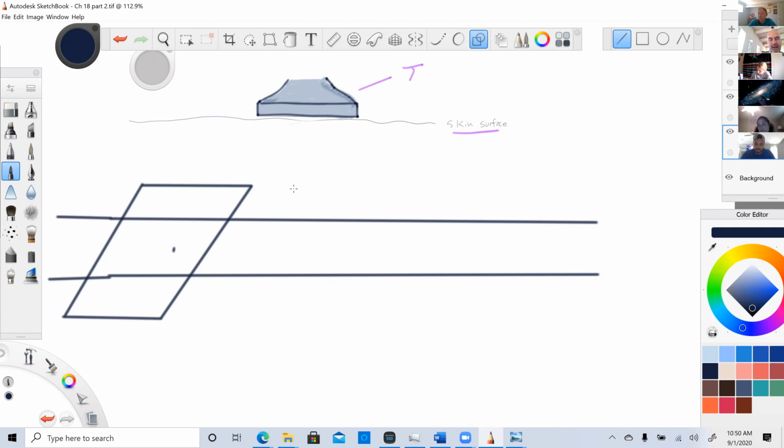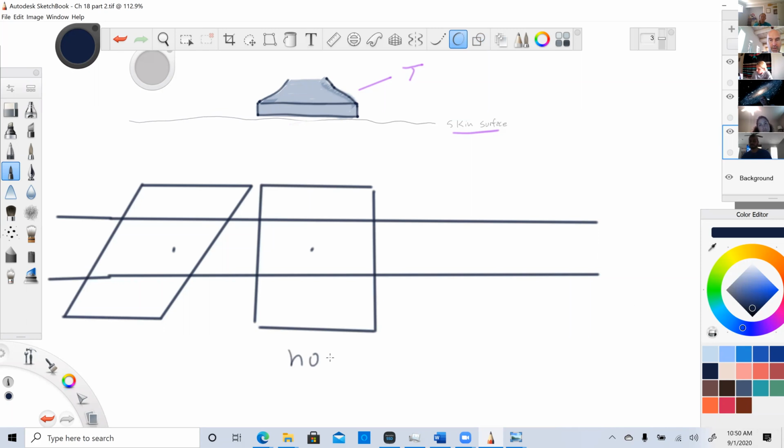If I'm dead center, if I'm looking straight down, and I want to look right here, if I have a box that's straight up and down, no Doppler. I have no angle of attack, and so I really can't see what's going on.